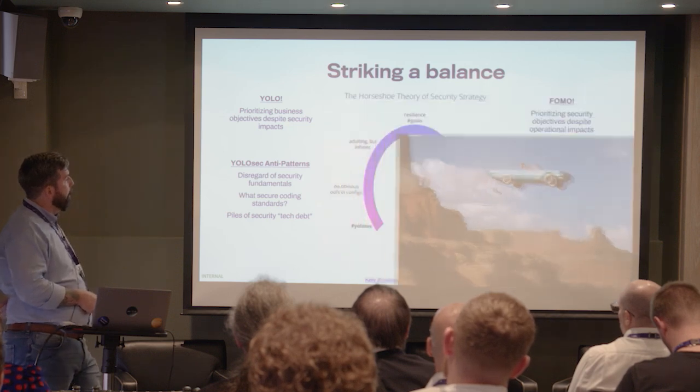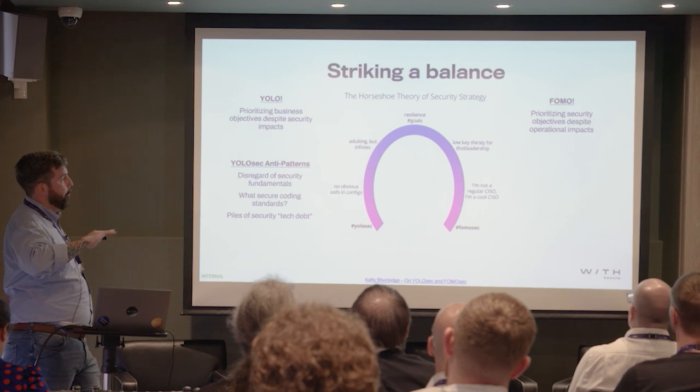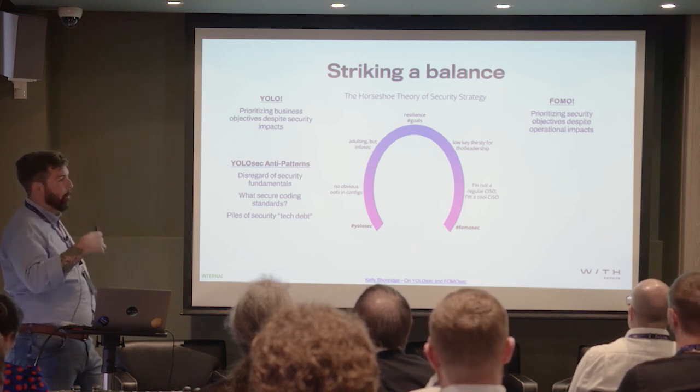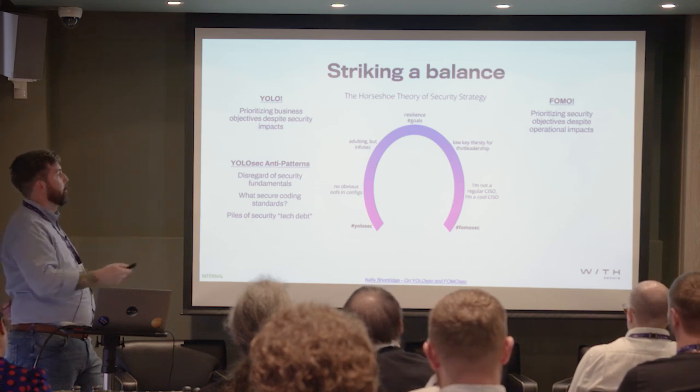When we start thinking about FOMOSEC, this is the overcorrection, right? This is prioritizing security objectives despite the operational impacts, right? So impacting your business's ability to deliver on their business objectives.